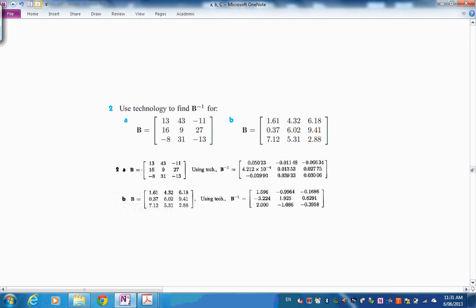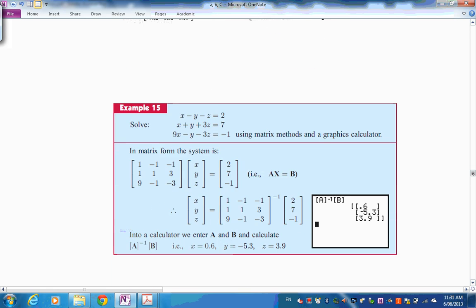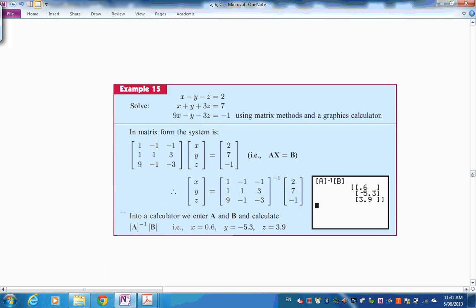Okay, let's go on. And let's look at another example of how we can apply it to 3x3 systems. So here it says using matrix methods and a graphics calculator. So usually they'll say put this in the form AX equals B, just to clarify what they want you to do with this.